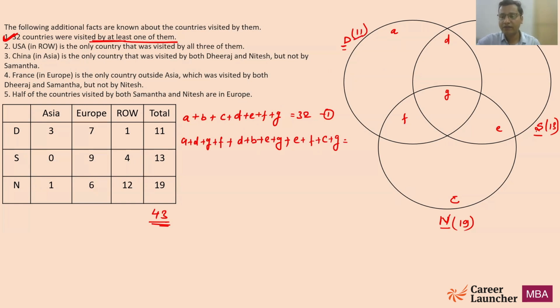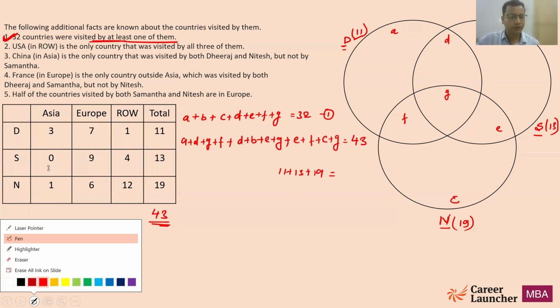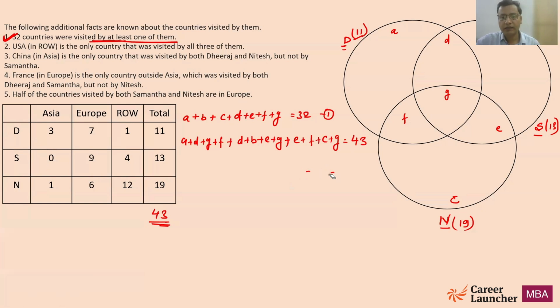Now I can say this is 11 plus 13 plus 19, which equals 43. So the total sum is equal to 43, right?